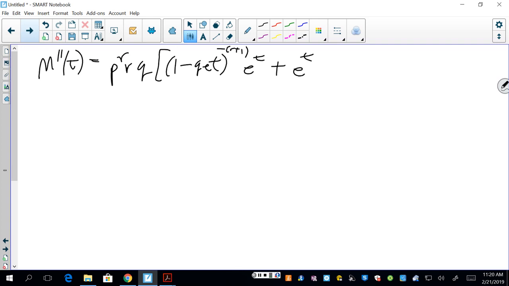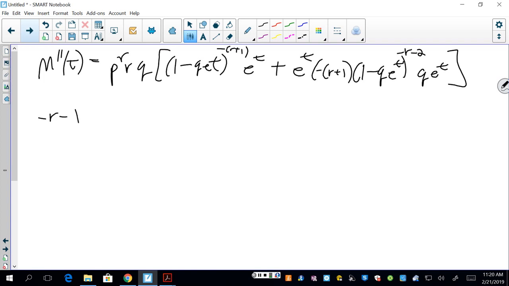So it's a negative of r plus 1 times 1 minus q e to the t, negative r minus 2 up there, q. And so it's negative r minus 1, right? That's negative of r plus 1. So you get that exponent out front, and then you take it minus 1 more up there.